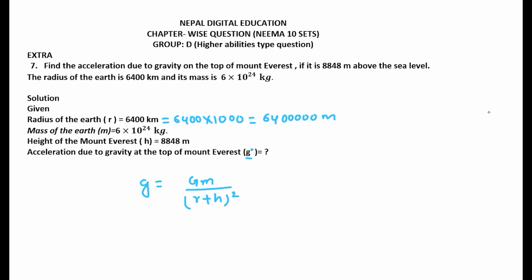We know that this G is the gravitational constant and its value is fixed, that is 6.67 into 10 to the power minus 11 Newton meter square per kg square, and the mass is 6 into 10 to the power 24, by R. Radius is 6400000 plus height is 8848.